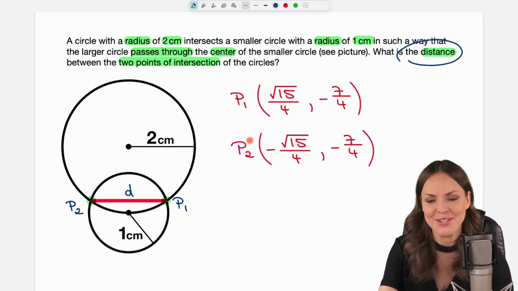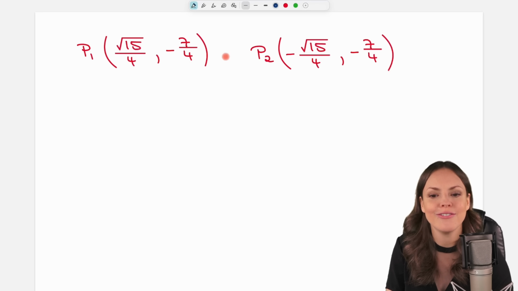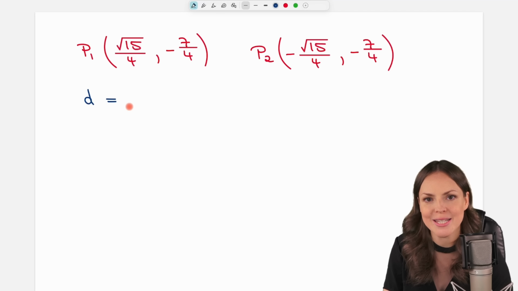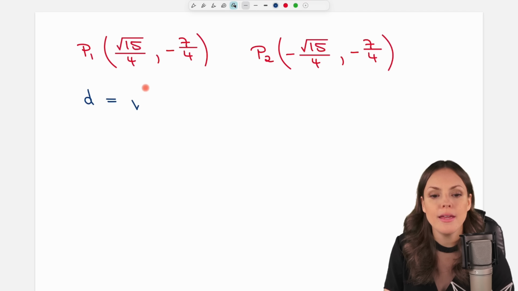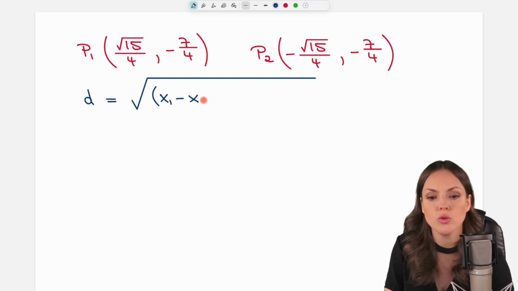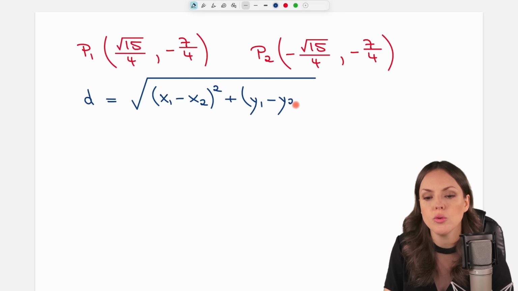So let's take our 2 points and let's find the distance d between these 2 points. There is a formula how to find the distance between 2 points. It is a big square root. Inside we have x1 minus x2 and all of this squared, plus, and then the same thing with y. y1 minus y2 and then all of this squared.